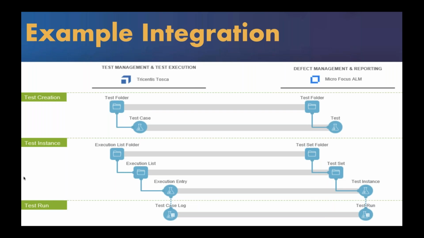You then synchronize that over, build your tests and executions out in Tosca, and execute, testing your SAP or whatever it is you want to test. Then you synchronize the test case log back as a test run into ALM, which means you have everything there in one place.